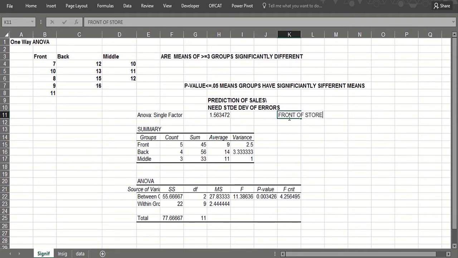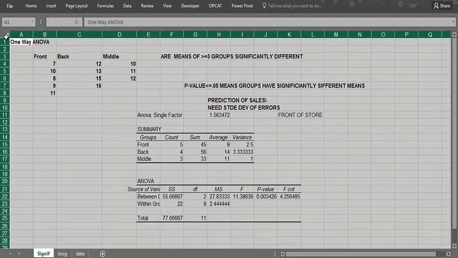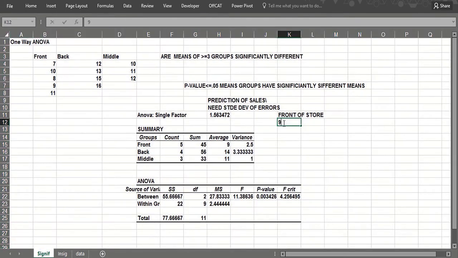So if we look at the front of the store, and we suppose these are weekly sales, we're 95% sure that between blank and blank books will be sold in a week.